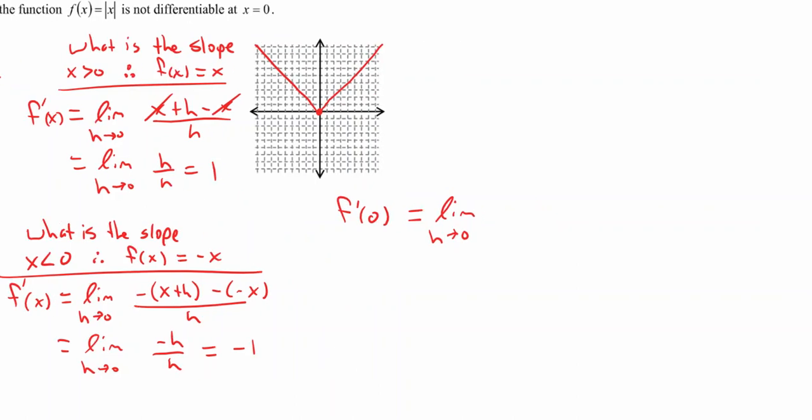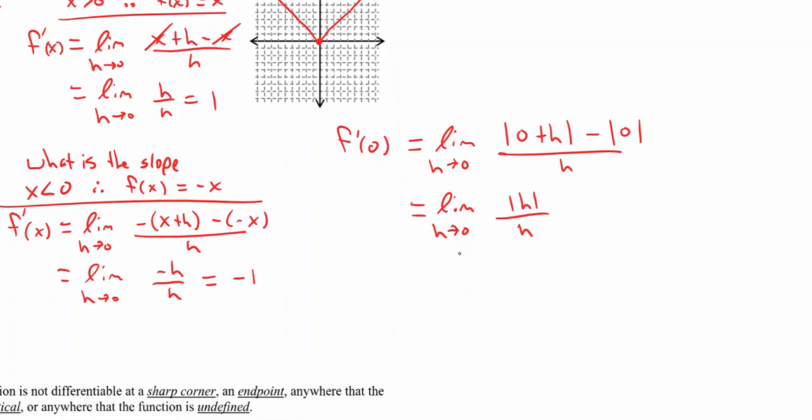So then this would become the absolute value of 0 plus h minus the absolute value of 0 all over h. Okay, so the zeros obviously just cancel there, but we still have a problem. This would become the limit as h approaches 0 of the absolute value of h over h. Now the problem is here, so we could think of this in two different ways. We'd have to go from the left and from the right.